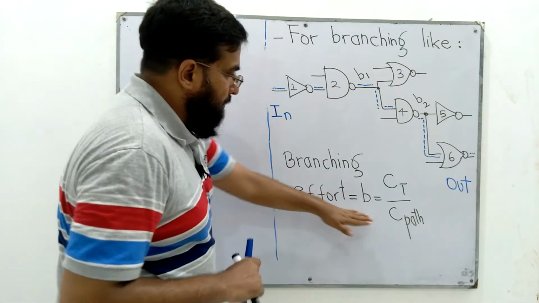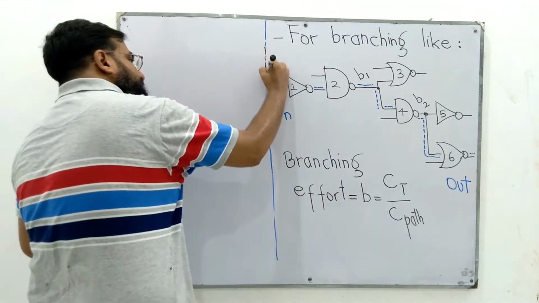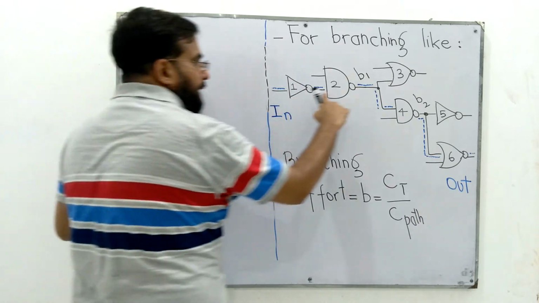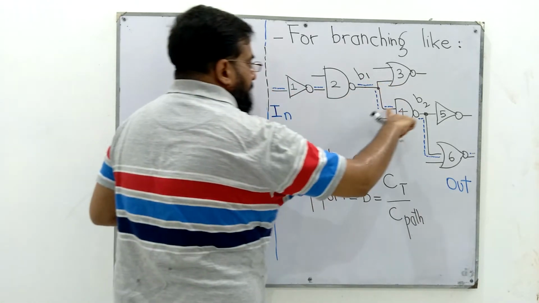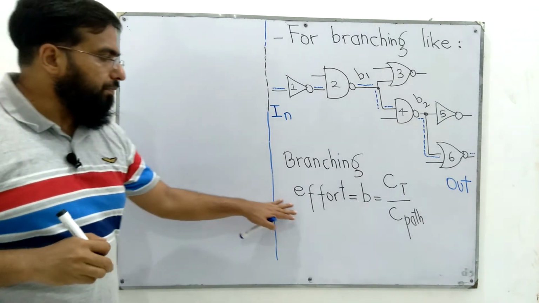Before we use branching effort, we have to define the path we are considering. Here, this is the input, and with this blue dotted line, I have marked the path for which I am going to compute this effort.